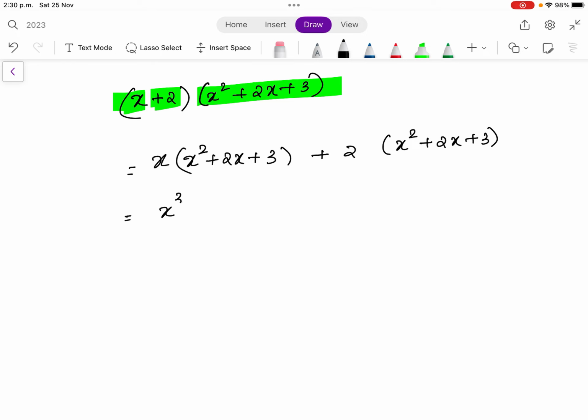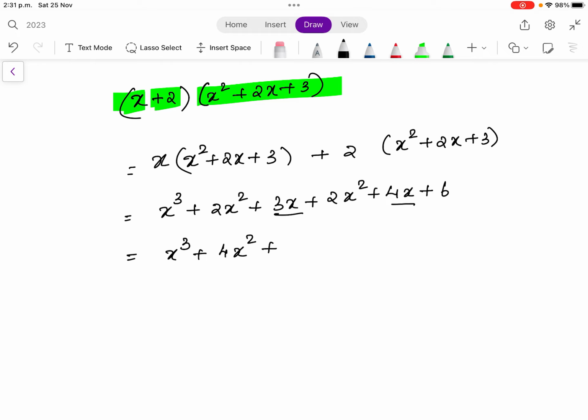That will be x cube plus 2x square plus 3x plus 2x square plus 4x plus 6. Now simplify the like terms. So it's x cube plus 2x square plus 2x square is 4x square. Then 3x and 4x is 7x. Then plus 6. Okay, this is one method.